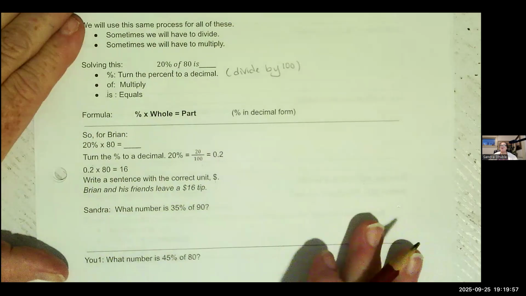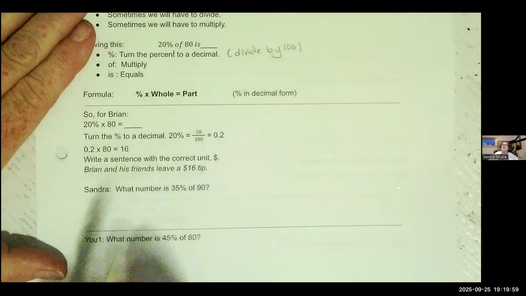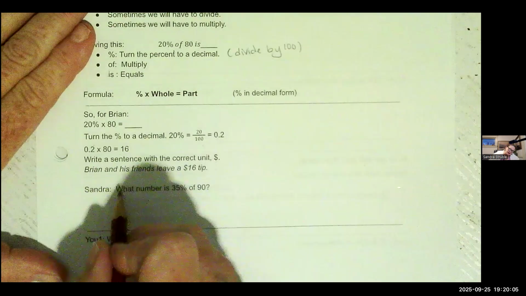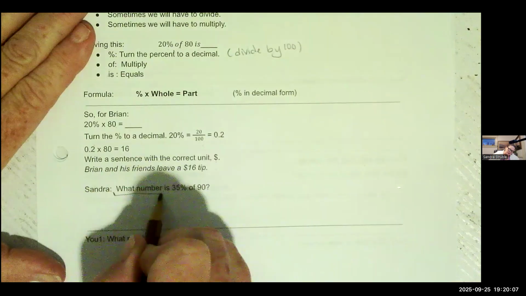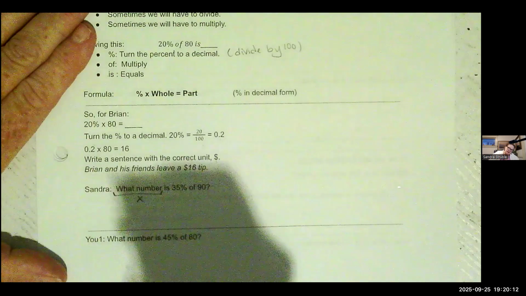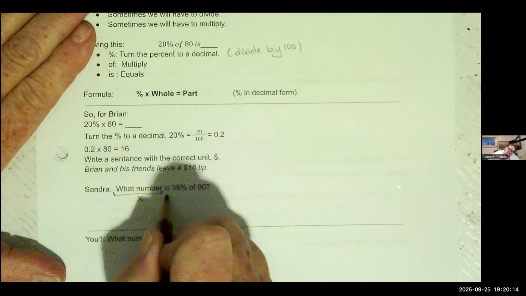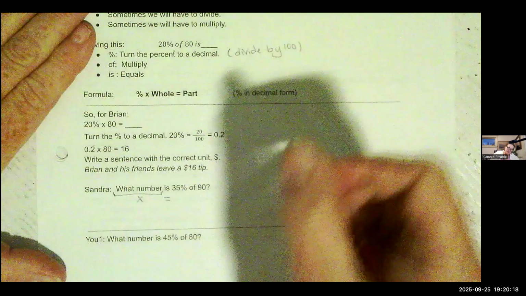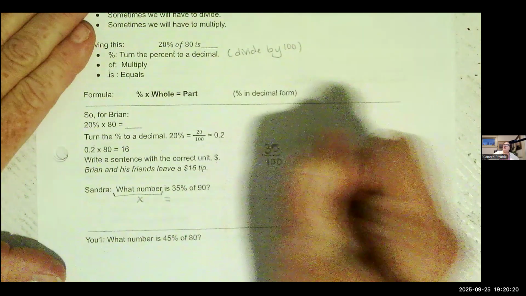Here's an example of me doing one. What number is 35% of 90? Okay, when we did this, we decided in class that we're going to call what number X. Feel free to call it anything you want. Is, as I said above, means equals. 35%: you need to turn the 35 into a decimal.